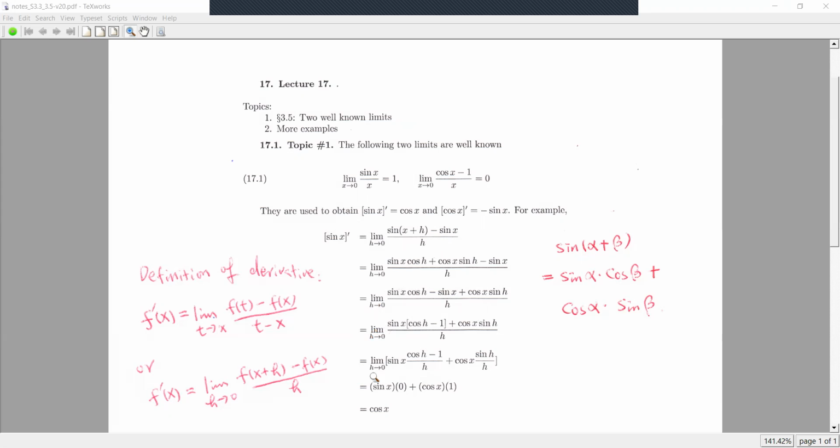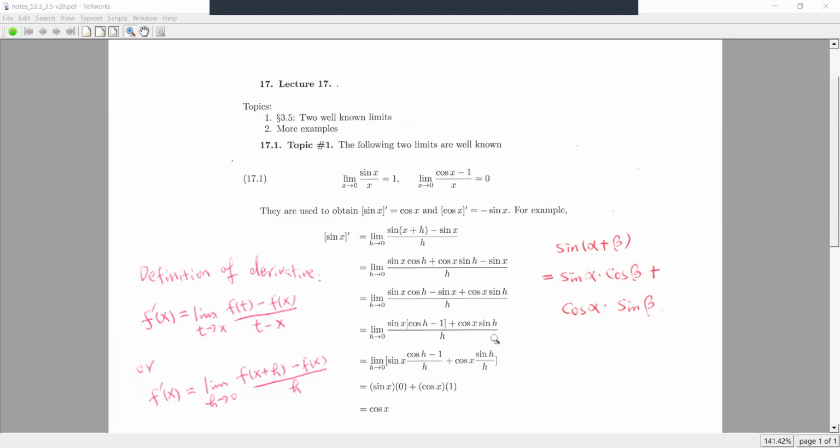For this limit, we apply these two well-known limits. As h approaches 0, cosine of h minus 1 over h will approach 0 by this limit. Sine of h over h will approach 1 by this limit.